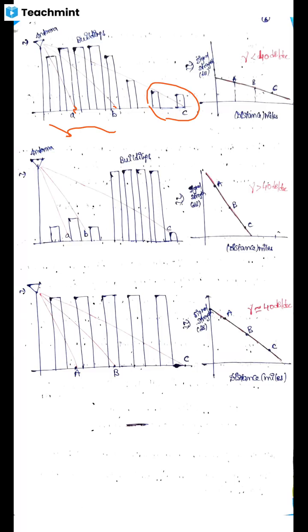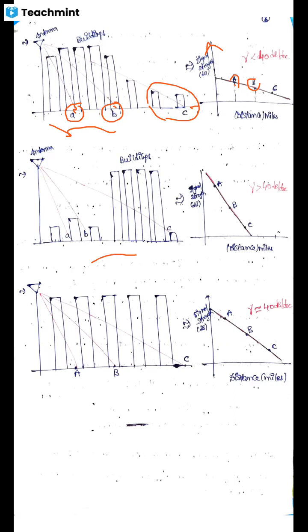At points A and B, as there are more buildings, the signal strength will decrease. On the y-axis, which represents the signal strength, the A point and B point are decreased. The C point is in an open area, but as it is far away from the antenna, the signal strength is decreased at point C also.